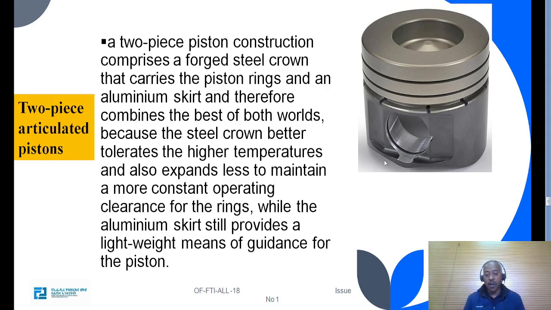Because the steel crown better tolerates the high temperature and also expands less, to maintain a more constant operating clearance for the ring, while the aluminum skirt, the lower part, still provides a lightweight means of guidance for the piston.